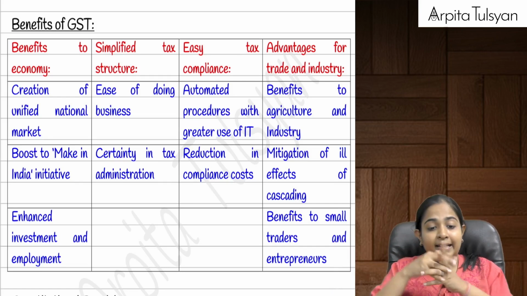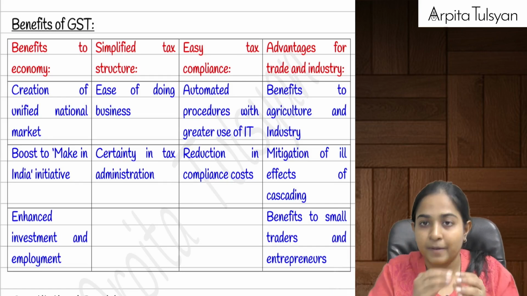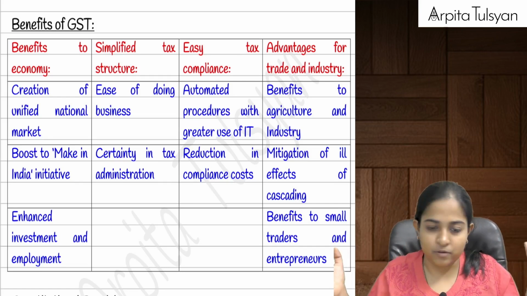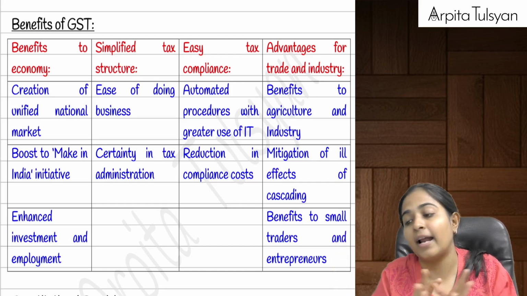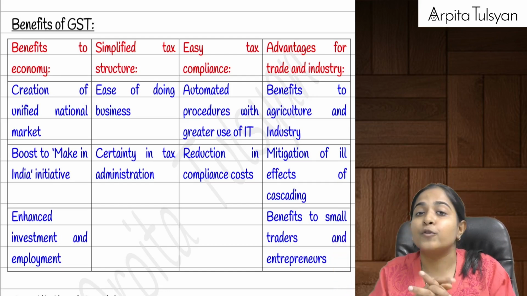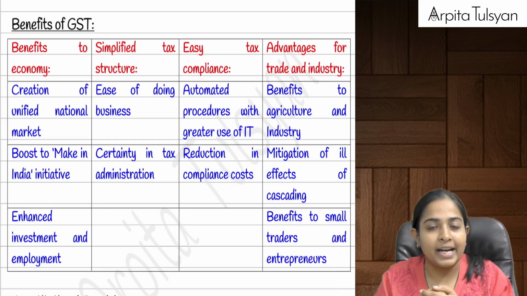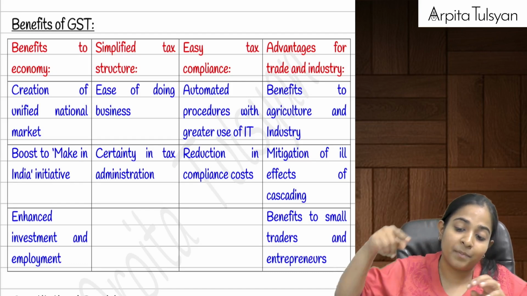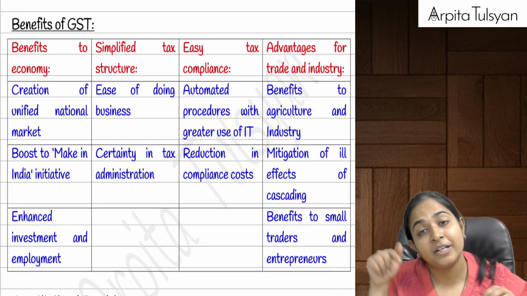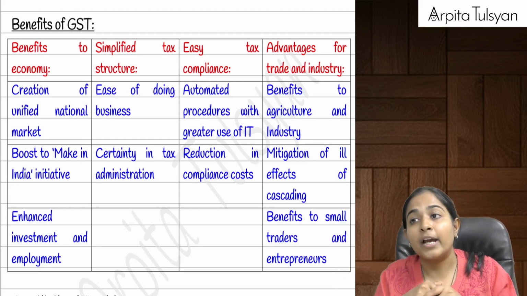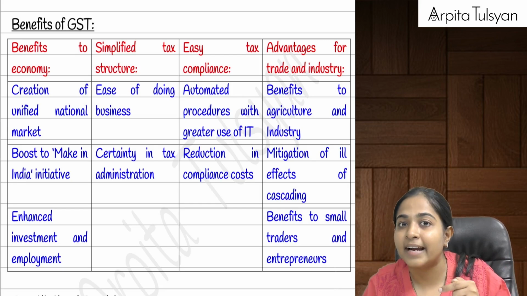Then, because now so many taxes have gone and only one tax is applicable, it becomes easy from the taxation point of view and from the tax administration point of view also. Even costs have started reducing.